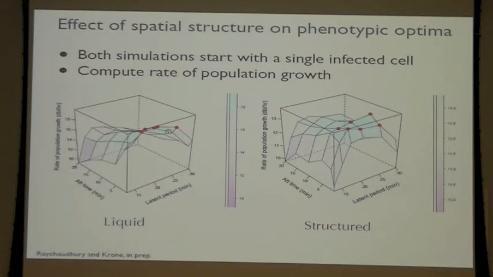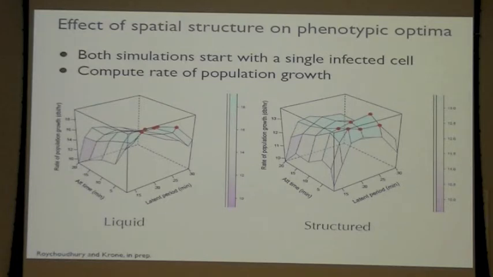In a structured environment, we found that slightly slower absorption led to the highest fitness. So this didn't seem very striking at first. And in both cases, intermediate lysis times were optimal.